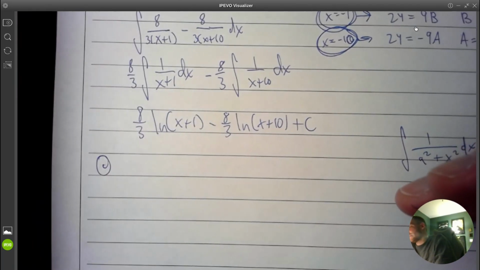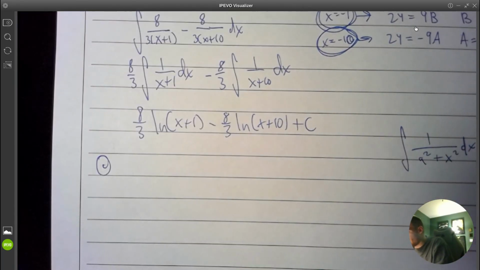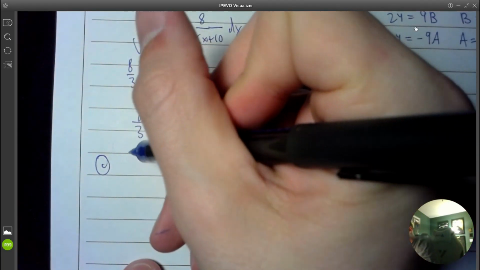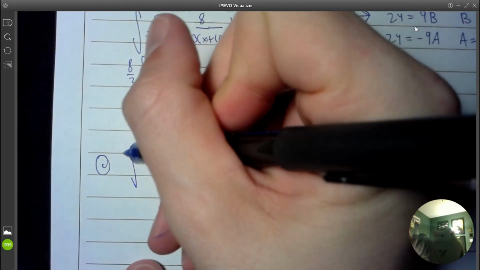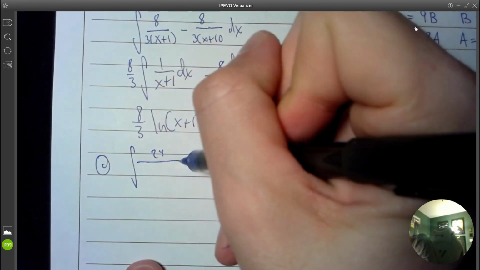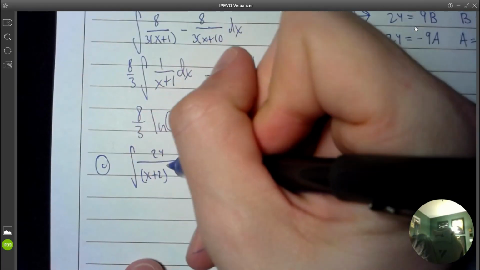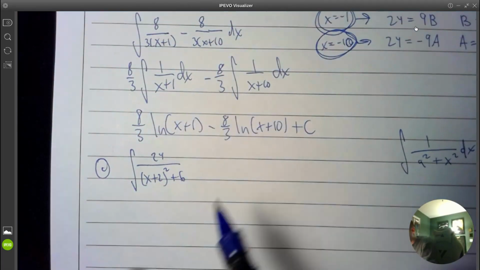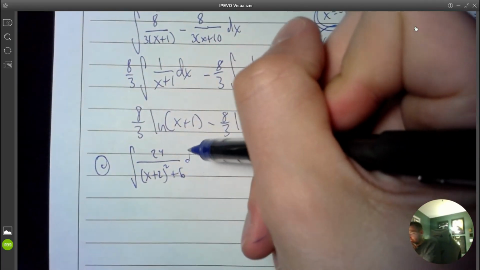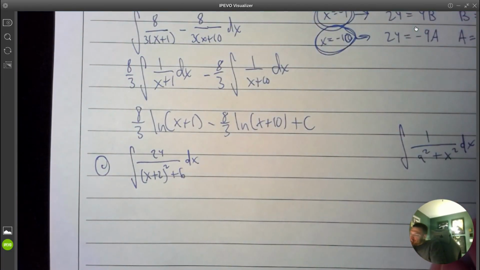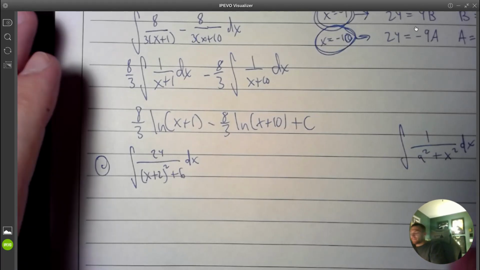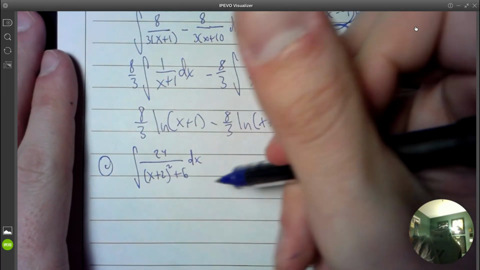If I choose something like n equals 4, then I'll have the integral 24 over x plus 2 squared plus 6. But 6 is not a perfect square. My perfect squares are 1. Okay. 1 is definitely the easiest.